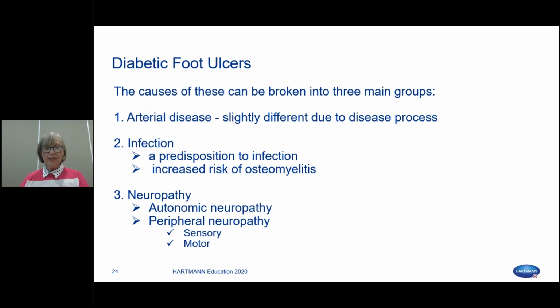Thirdly, neuropathy can be broken down into autonomic and peripheral neuropathy. The impact of diabetes on the autonomic nervous system leads to a reduction in the ability of the person to perspire, and therefore their feet become very dry and calloused.